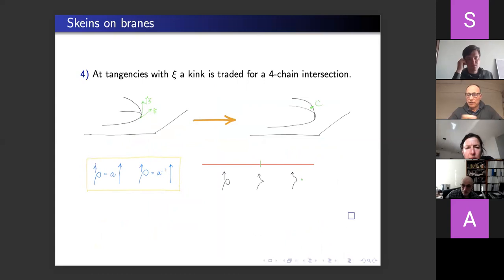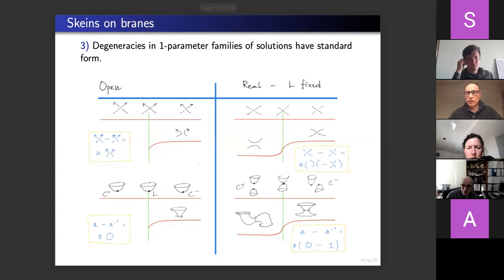Sorry, why do you call this the real case? Because if L would be like the real locus, so typically the involution is complex conjugation. So for example, if you want to do knot conormals, you take a knot, you take its conormal, you shift it up along its tangent and down along its tangent.